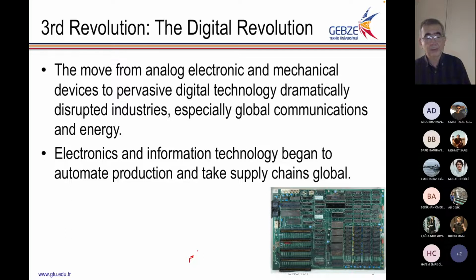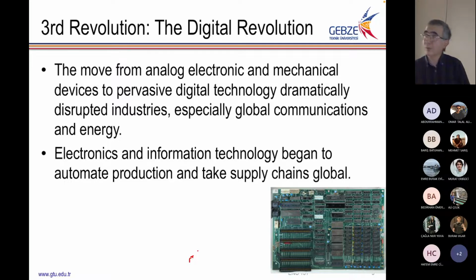So information technology products are used to provide global production for all areas like animal production, farming, industrial production.